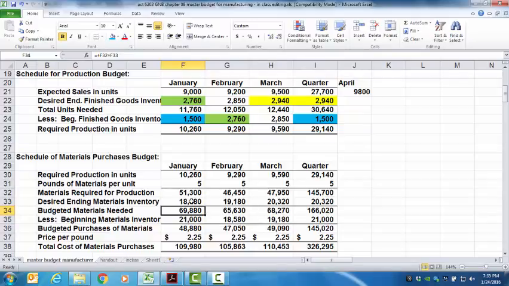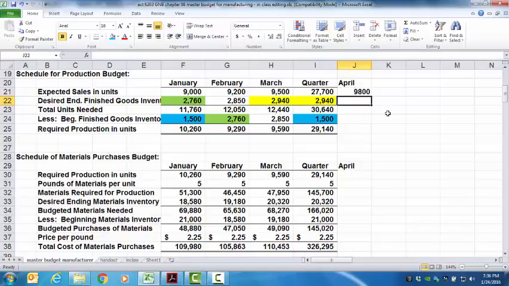Now, if that seemed familiar to you, taking a percentage of the following month, that's exactly what we did up here on the production budget. So the same procedure is being utilized. I'll do the same thing for February, which would be 40% over here of March. But when I get to March over here, I need 40% of April. And we haven't done all that work yet. So we really need to come back up here to complete April.